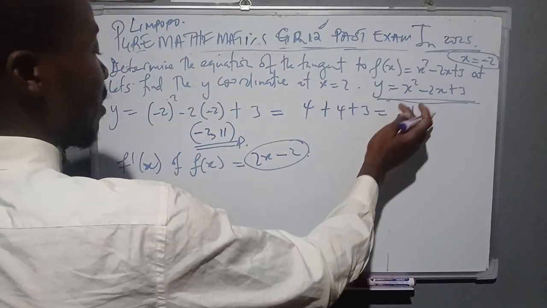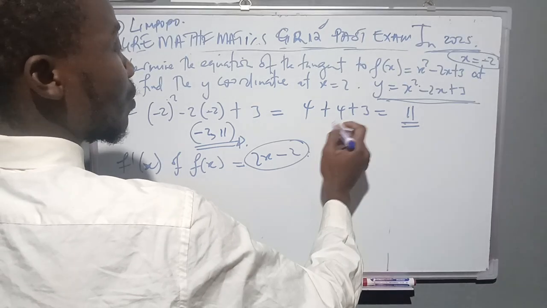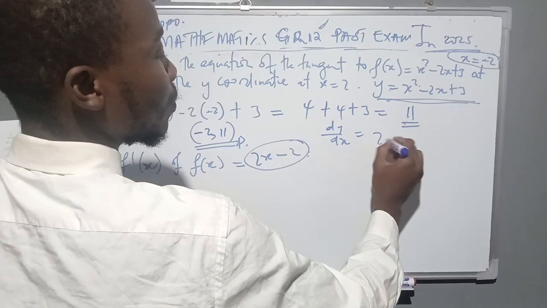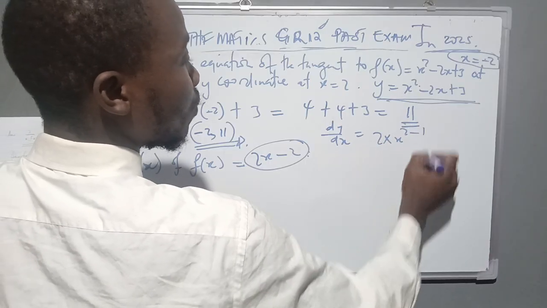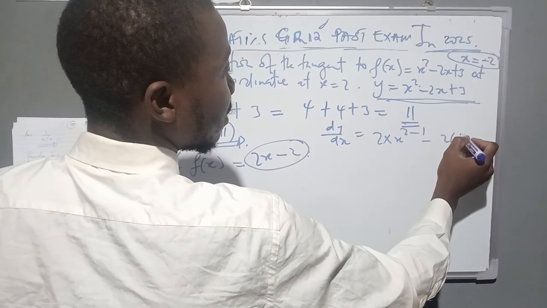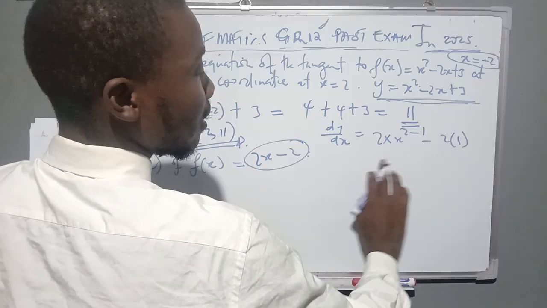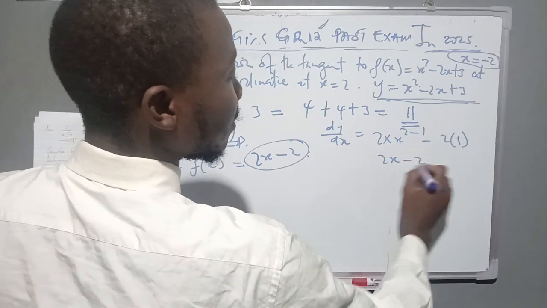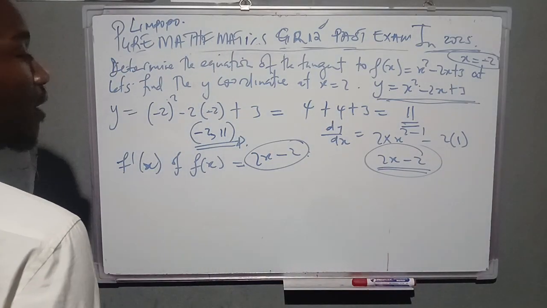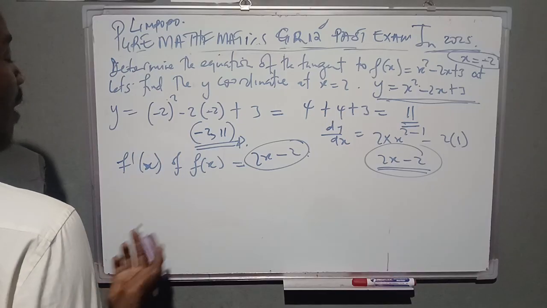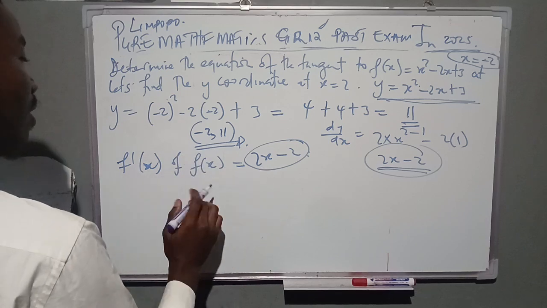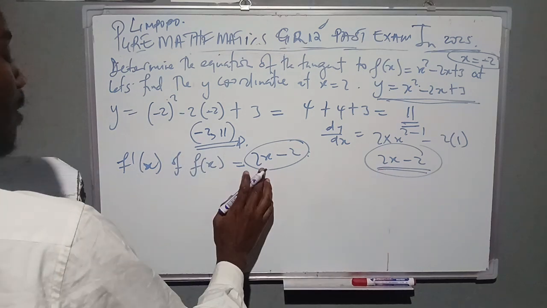When we differentiate that part, dy dx gives us 2 times x to the power 2 minus 1, minus 2. There we're going to get 1, right? So that means we're going to get 2x minus 2. And if we wanted the derivative of that one, we could write it as f prime prime x, by differentiating this again.